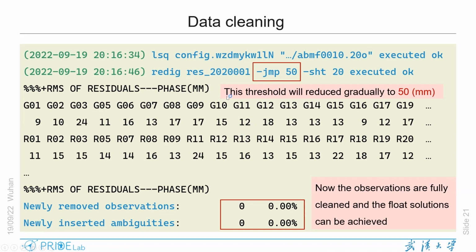Now we can consider the float solution has been fully refined because there is no more need to remove observations and insert ambiguities, and we can just try to fix the float ambiguities now.